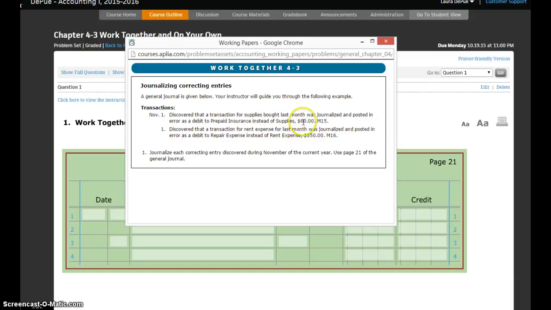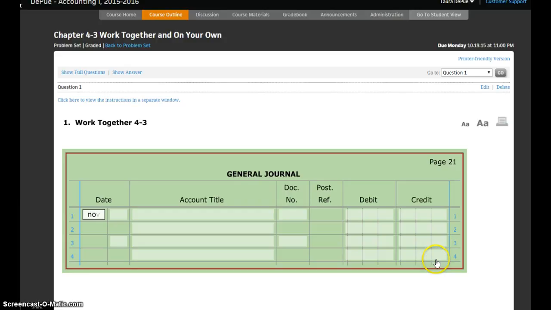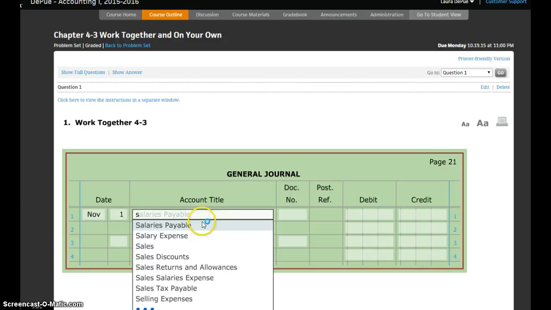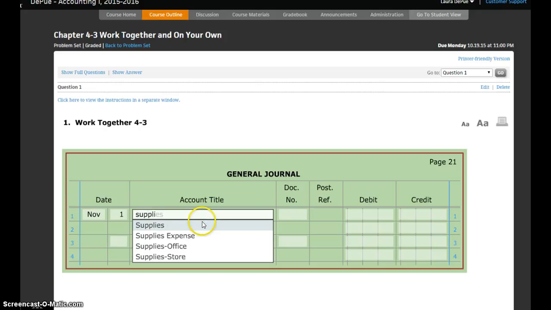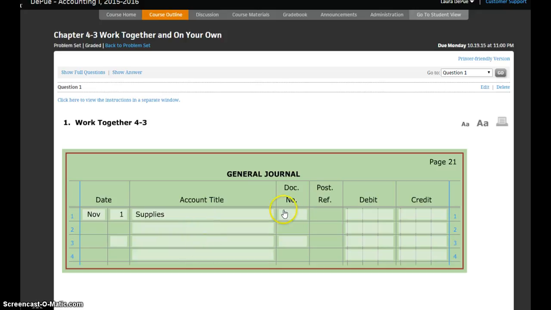So we know that if we bought supplies, supplies should have been the one that was debited. So to journalize this correctly, we write in the date, November 1st, and we write the account name that should have been debited, which was the supplies, and the document number listed was M15, and the amount they said was $60.